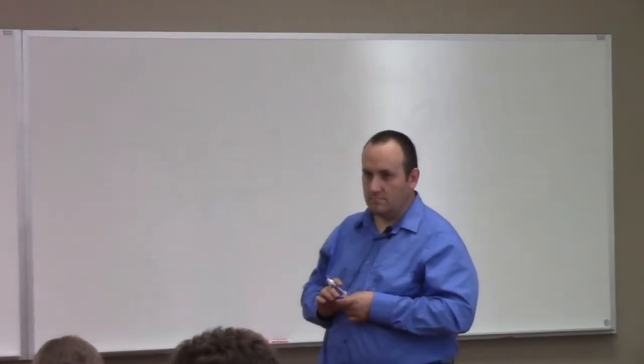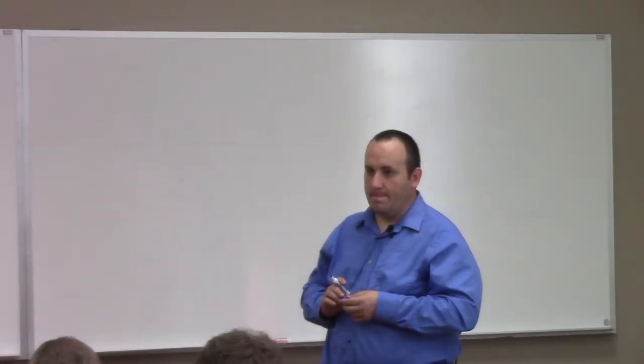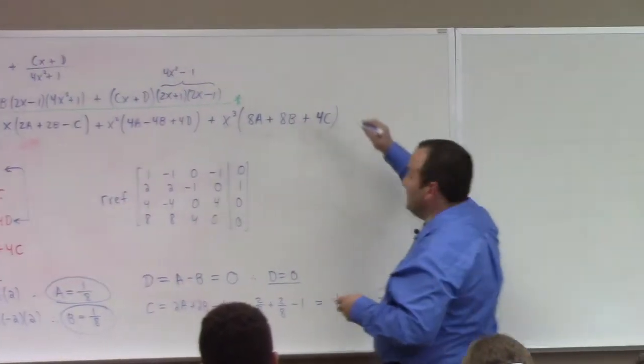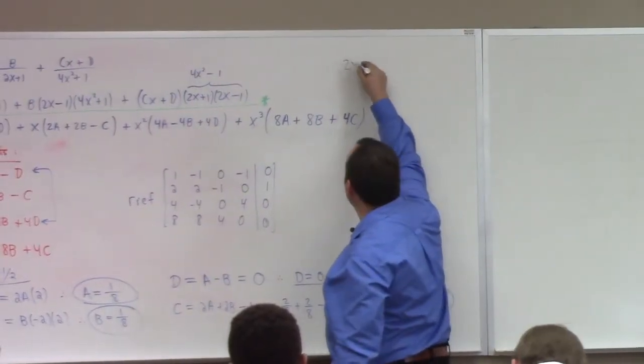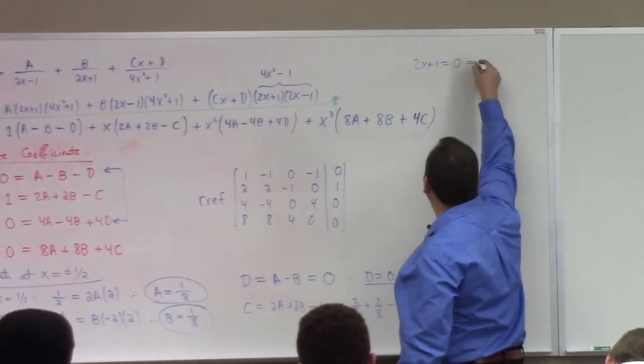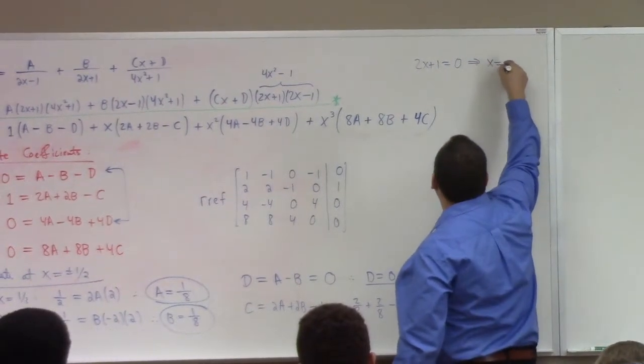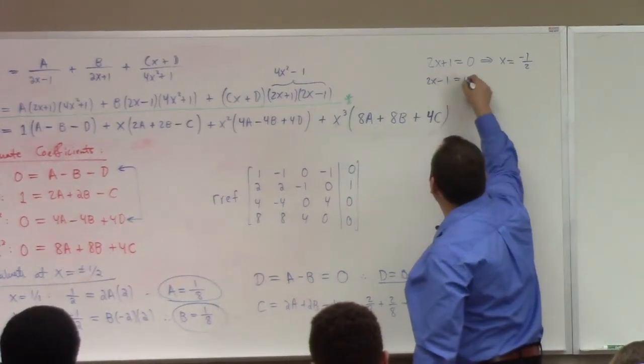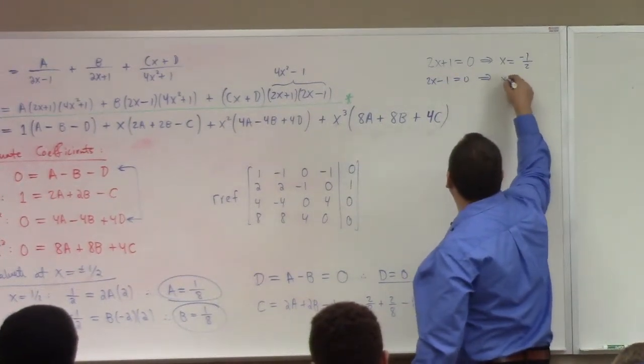So you got the plus or minus 1/2 from 2x plus 1 equals 0. Right. So when I see 2x plus 1 set equal to 0, that says that x is equal to minus 1/2. Right? And 2x minus 1 equals 0, if I do the algebra, gives me x is equal to 1/2.